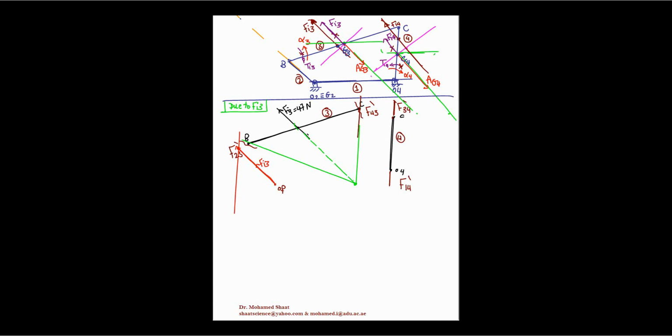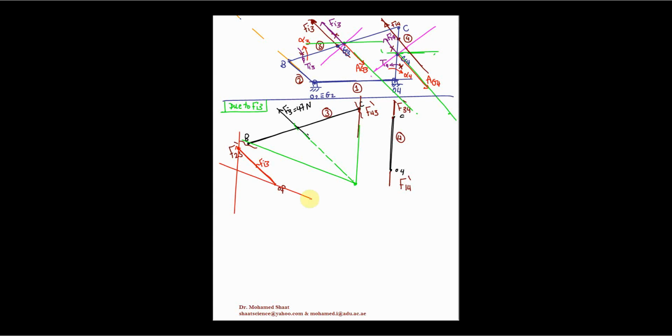We're going to use this direction, and from this point we're going to draw a line. Let us use the same color here. We're going to draw a line parallel to the F23. From point O_F, from the other point, we're going to draw a line that is parallel this way.